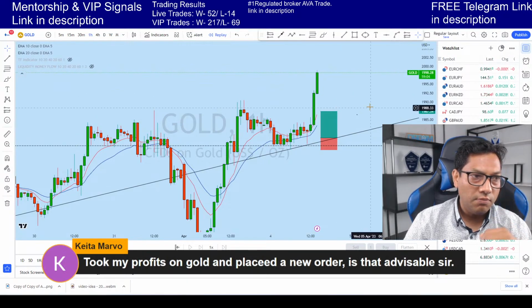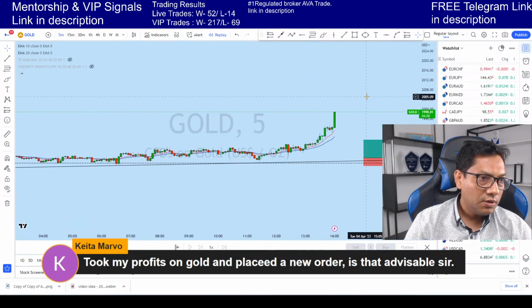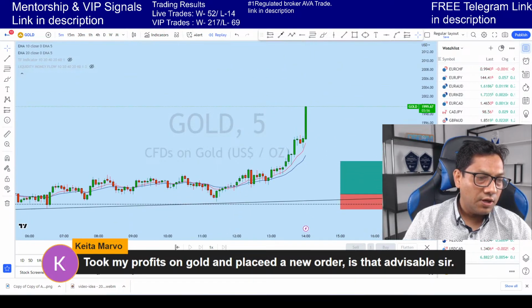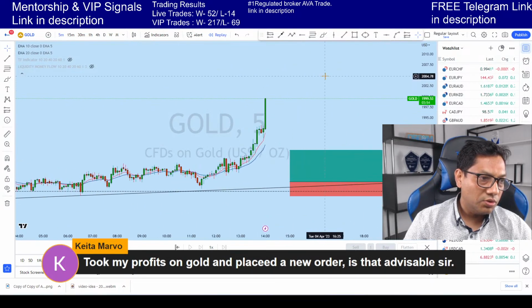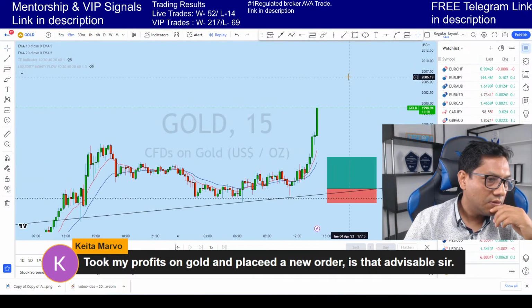Okay, we saw that big jump on gold as soon as the news was released. So from this one we see that gold has a bounce to the upside. Big bounce.